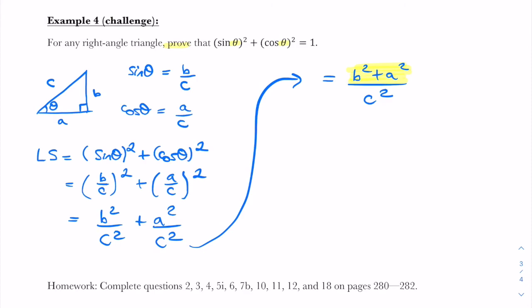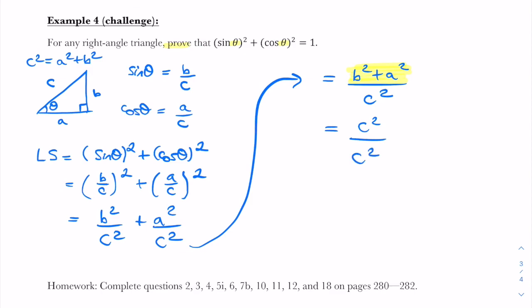So if you looked at the picture, notice that we have a right angle triangle. And what has to be true in any right angle triangle? Well, one thing is the Pythagorean theorem. That is c squared equals a squared plus b squared. In our equation, we have b squared plus a squared, but the order of addition doesn't matter. So you can replace b squared plus a squared with c squared because that follows from the Pythagorean theorem.